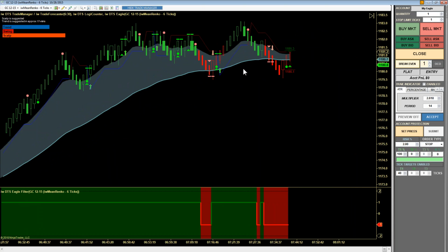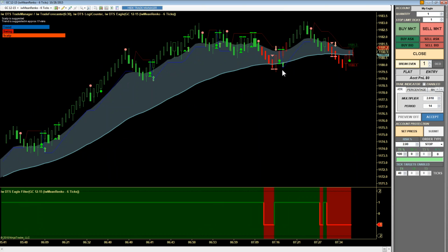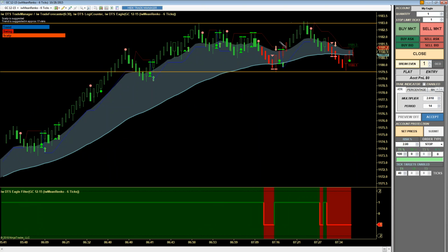And now we're stuck. Again, one of these ranges, right? It's no point in doing anything until you get outside of this range. Or if you're inclined, you can try to buy the bottom end of the range, sell the top end of the range.